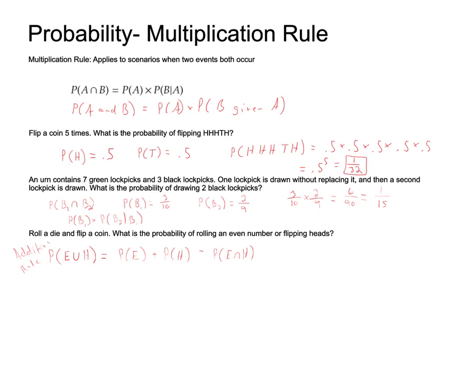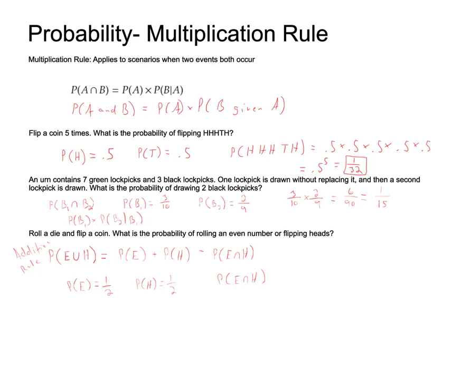The probability of even, so there are 3 even numbers on a 6-sided die, so that is 1/2. The probability of heads is 1/2 as well. And the probability of even and heads is where our multiplication rule comes into play.